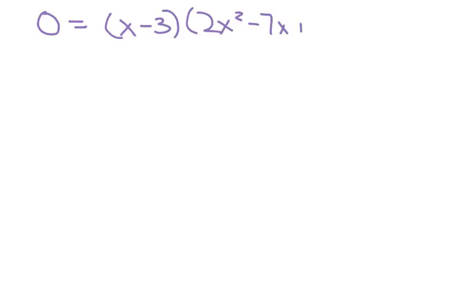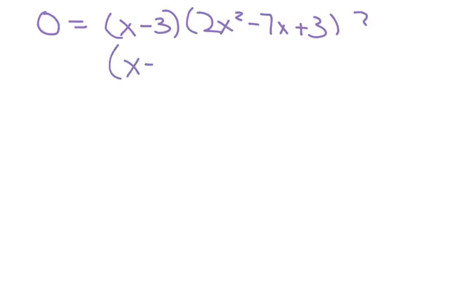Now, I'm going to go to the next slide and rewrite that. So we have, we're going to set it to 0 because we're trying to find the zeros. We're going to have x minus 3 times 2x squared minus 7x plus 3. Can we factor this?